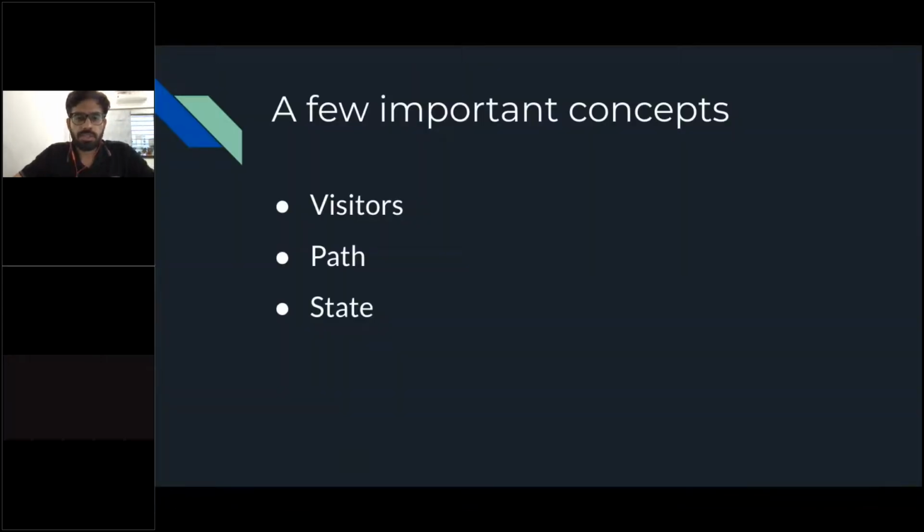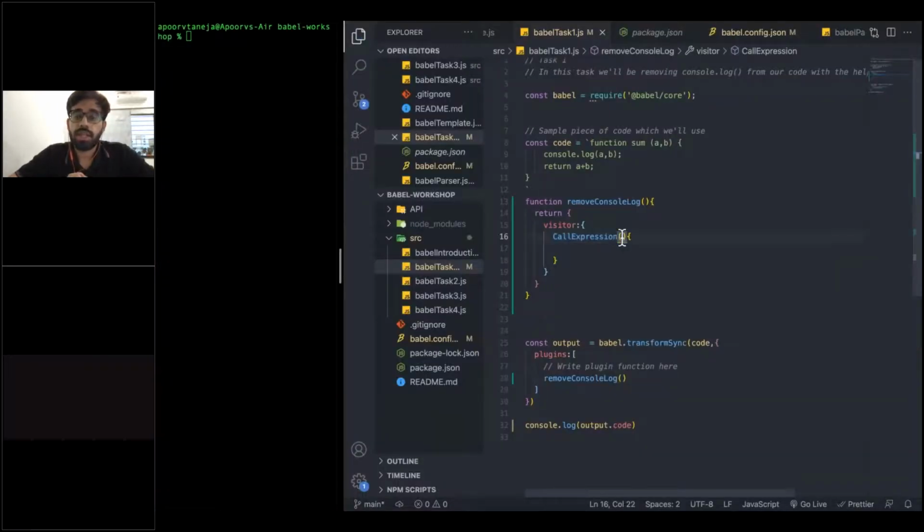Now, as I told, there's a second thing which I explained in the slide, which was path, right? Path helps us in connecting two nodes or modifying a thing. So the parameter which would go inside this call expression is path, and the second parameter is state, which allows us to access the options which are passed in the Babel plugin.